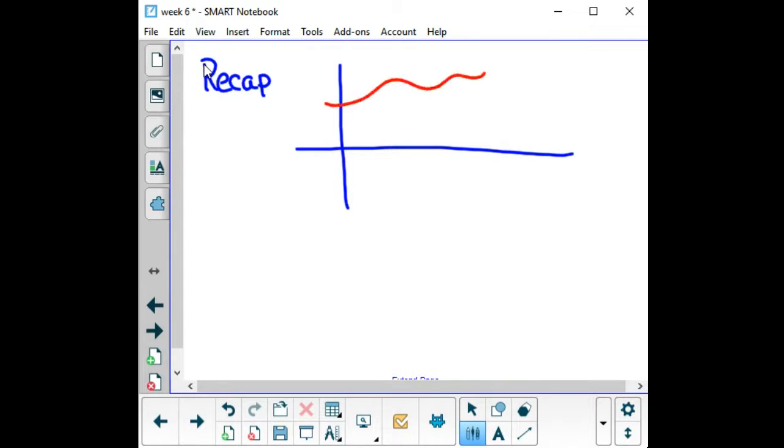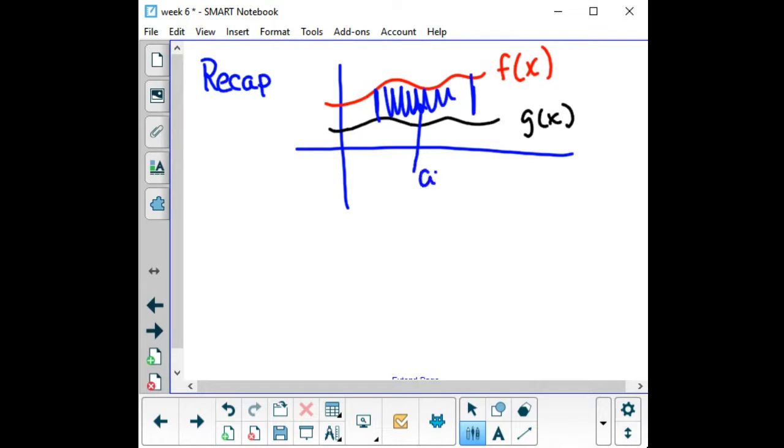If we had a function and we had another function and I wanted to calculate that area between the two functions.